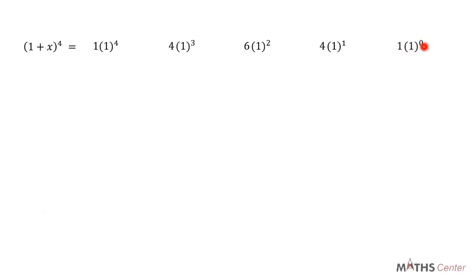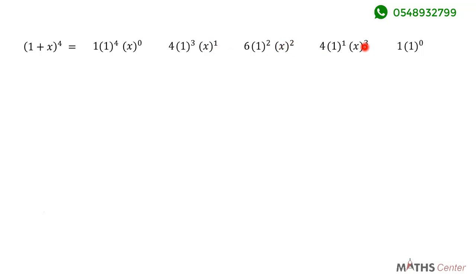So 1 exponent 0. Then we come to the second term here, which is x. The exponent on x in the first term here will be 0. In the next term, it will increase by 1. So that will be x exponent 1. In the next term, it will increase by 1 again. So that will be x exponent 2.